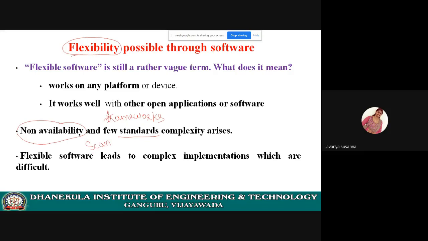You are not purchasing some industrial scanning machine, right? You are just downloading a software. That software is flexible software. It can run on any device which comes in future, or on any application, or on any platform. Here the complexity arises. To build this flexible software is really difficult. Here the complexity comes.